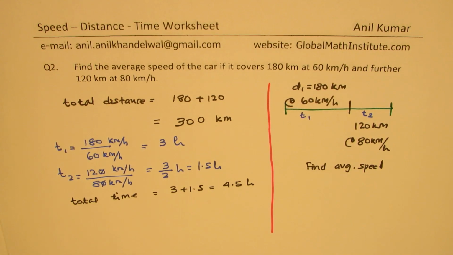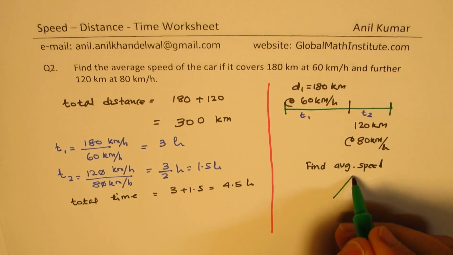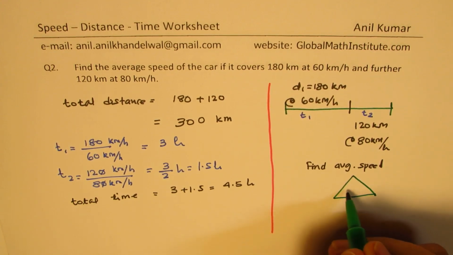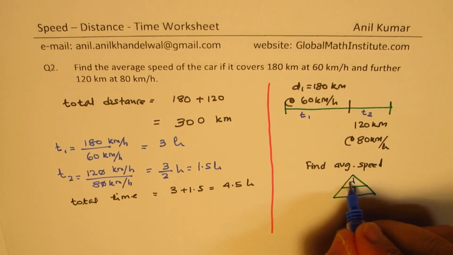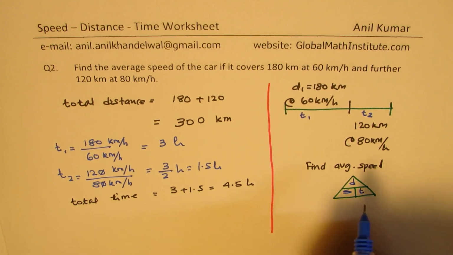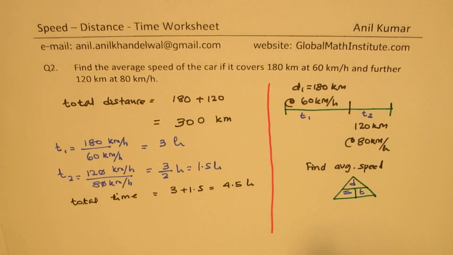Now, we know the relation between distance, speed, and time. We are repeating this process so that you can always remember it, right? So we need to find the average speed this time.